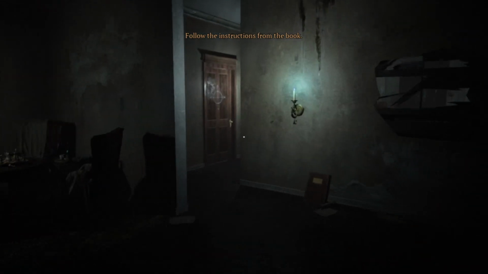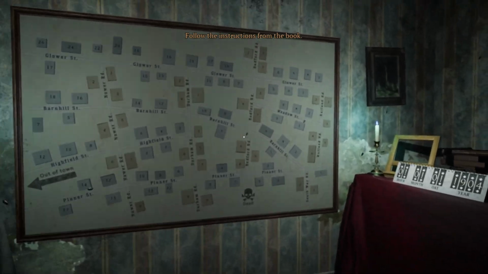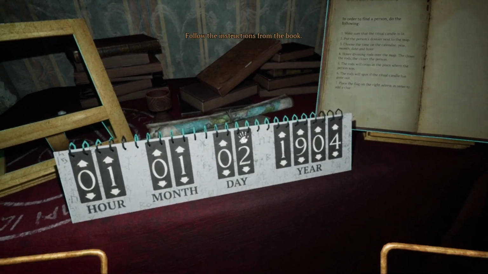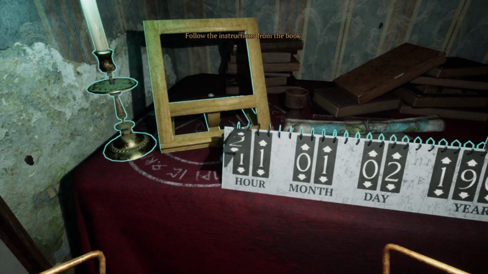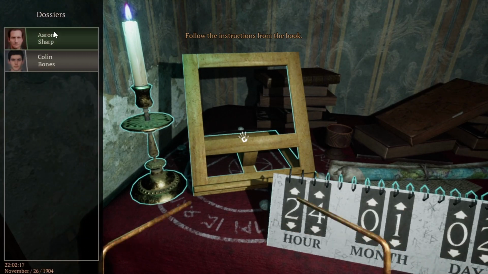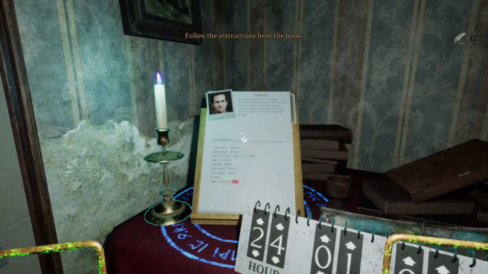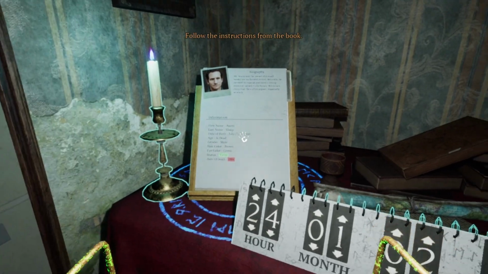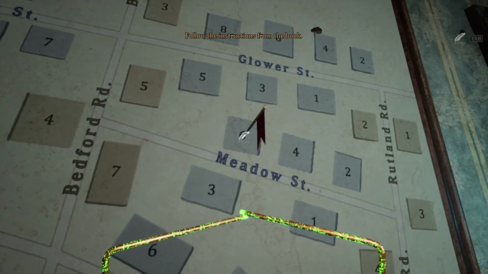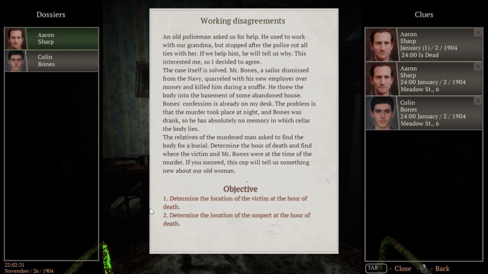Alright. Hopefully it will take care of that here in a moment or two. That was creepy. Alright, determine the location.